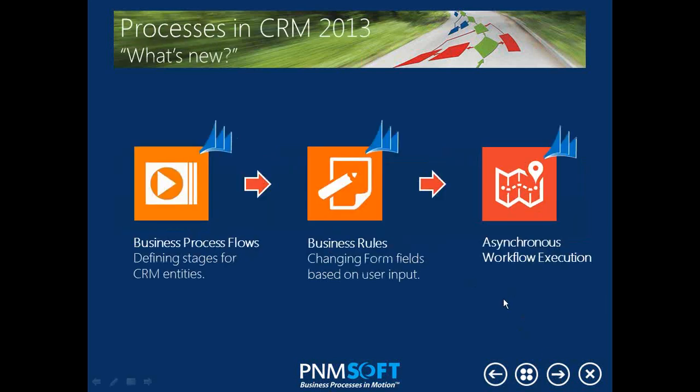So what's new in Dynamics CRM 2013 around business process management? I'm going to assume that most people listening who are familiar with Dynamics CRM know what existed before this version, so I'm not going to go over it in detail, and we actually had a webinar which touched on that about half a year ago.